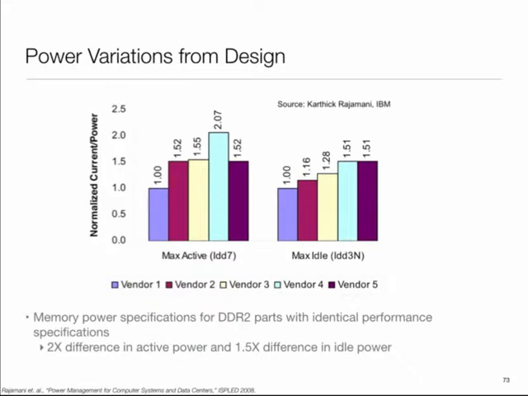The left-hand side is active and the right-hand side is idle mode power. The interesting thing is that the variation is 2x across these parts. So the underlying design and maybe the silicon technology they are using are all adding up. Identical performance, but power consumption is significantly varying.